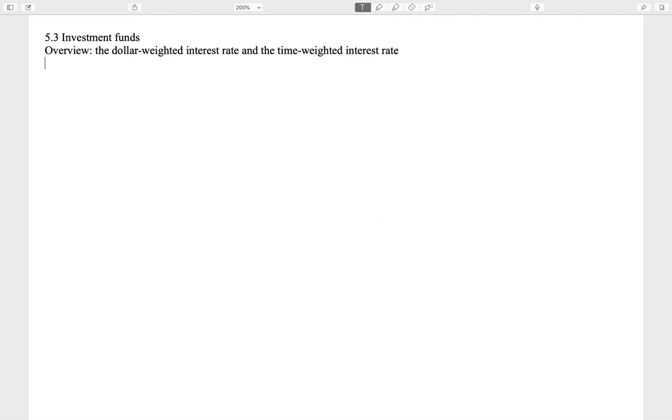We begin with a rather simple example, and from there we will hopefully get more information about the purpose of this section. Now let's look at the rather simple example, okay? So assume we have a fund manager, or there's a specific fund that has $1,000 at the beginning.